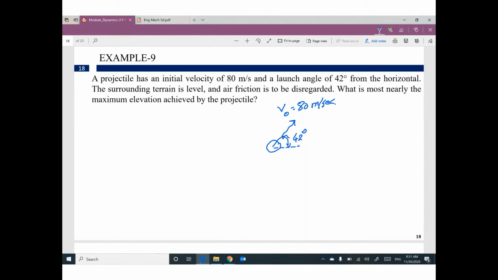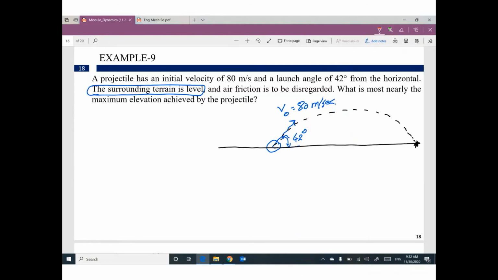The surrounding terrain is level. This information is very important because from this information I can figure out the final value of y. So the surrounding terrain is level. So that means this projectile will take a parabolic path until hitting the ground surface here.